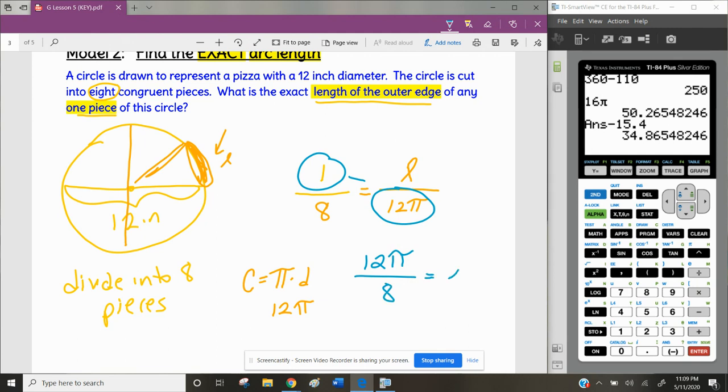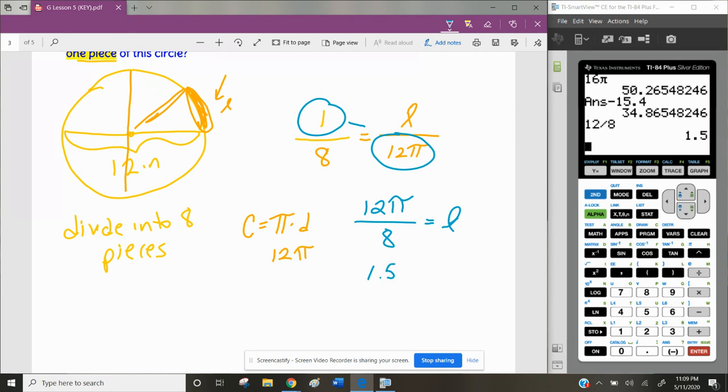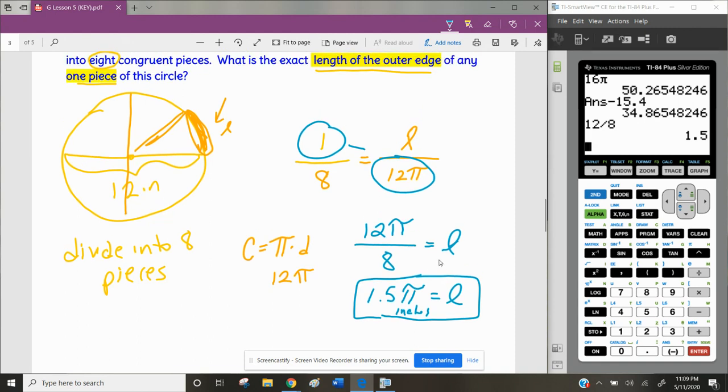So we get 12 pi over 8 equals L, and we can reduce 12 over 8, or you can write the decimal: 1.5 pi equals L. It's exact, and that would be in inches, because there is a pi still in there. Remember, pi is irrational. Once I press the pi button, that makes my answer irrational, and I have to round. So to have an exact answer, I need to leave my answer with pi in it.